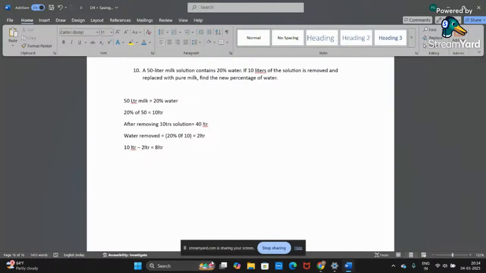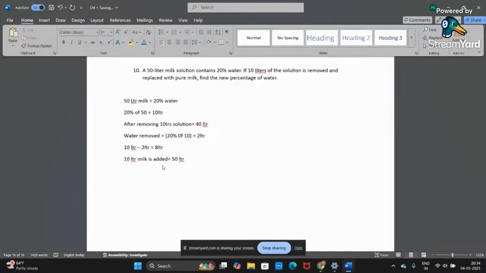Now 10 liters of milk is added. Here presently 8 liters of water is present in the solution. To that we're adding 10 liter milk. So now the mixture will be 50 liter.